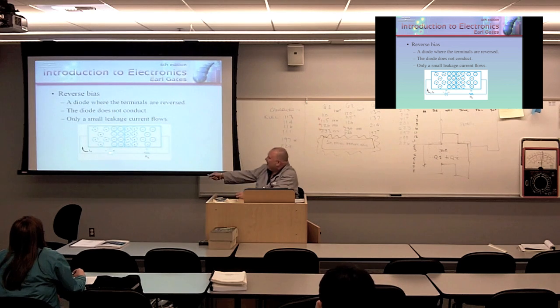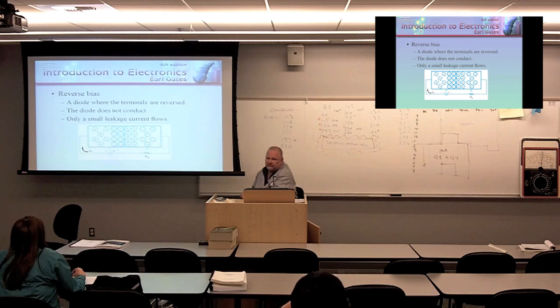There's no way an electron trying to complete this circuit path is going to be able to make it through the depletion region. Therefore, the diode will be shut off. In this condition, I sub R, the reverse current, is going to act like an open.